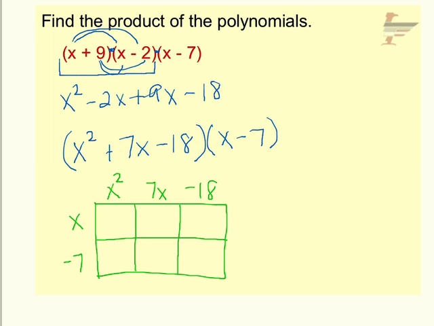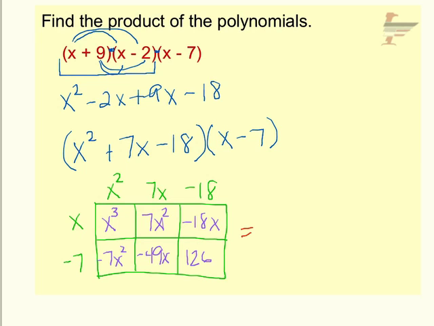And then we're just going to multiply. We'll end up with x cubed, 7x squared, negative 18x, negative 7x squared, negative 49x, 18 times 7, 126. So now just look to combine your like terms.